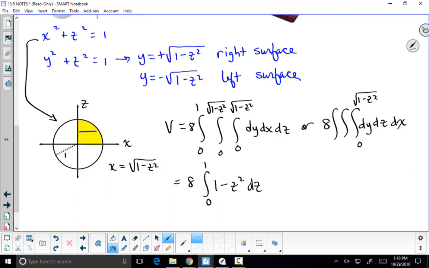Now let's notice why the other way is not easy. With the other way, it is not easy. We would have the x's coming from the constant interval 0 to 1. And then what about the z's? If we chose a vertical element here, we'd go 0 raised up to 1 minus x squared inside a square root. Now we have lots of variables.